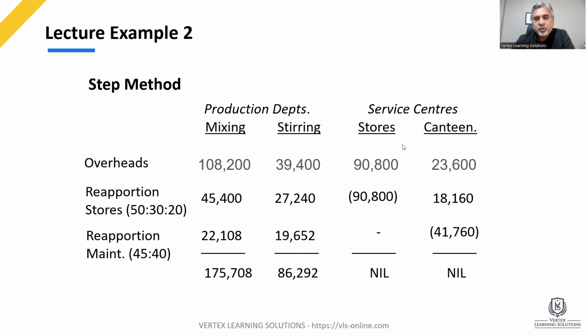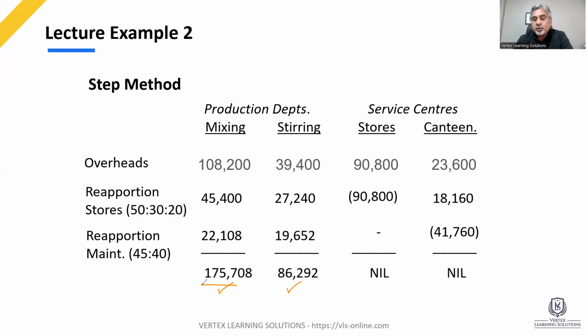Here, what I just want to see is that I've got 2 production departments, mixing and stirring, and the total overhead of the mixing department is 175,000, and the overhead of the stirring department is 86,292. You just need to remember these 2 numbers, because this is your overhead for this department and this is your overhead.